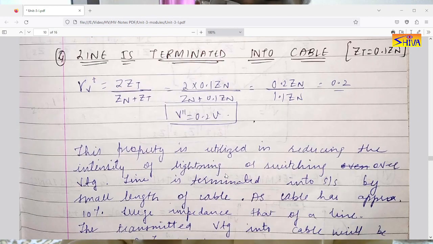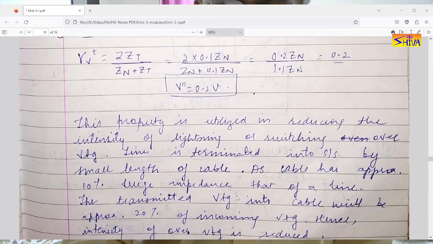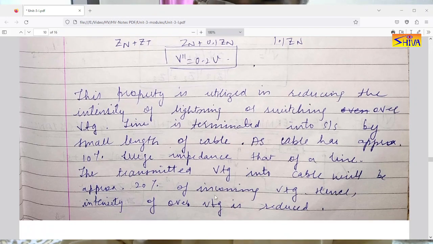Now this property is utilized in reducing the intensity of lightning or switching over voltage, and hence the line is terminated into substation by a small length of cable. As cable has approximately 10% surge impedance that of a line, the transmitted voltage into cable will be approximately 20% of incoming voltage. Hence intensity of over voltage is reduced.